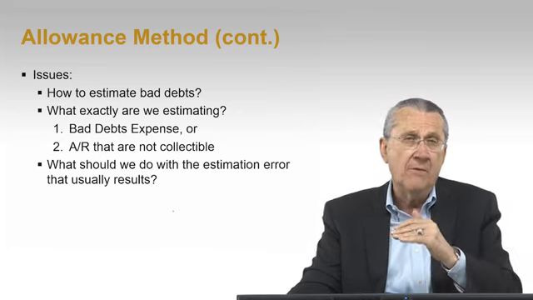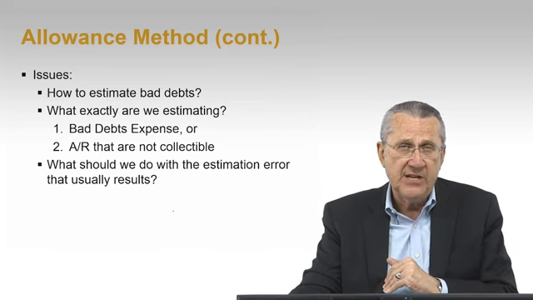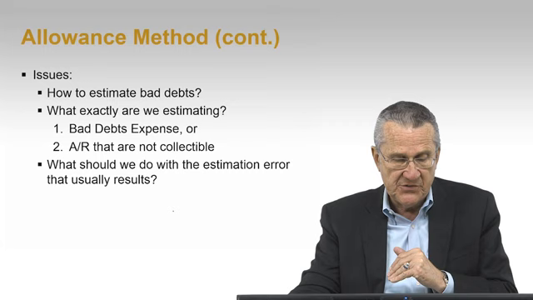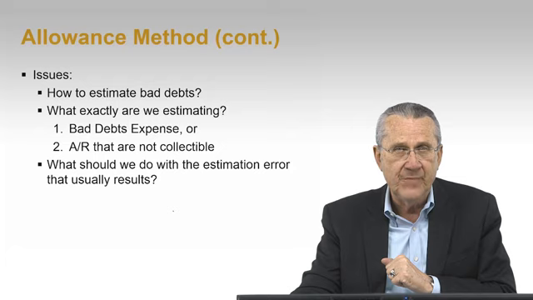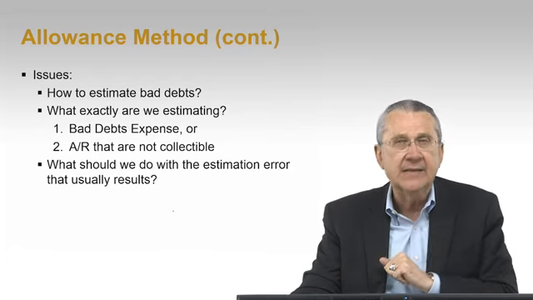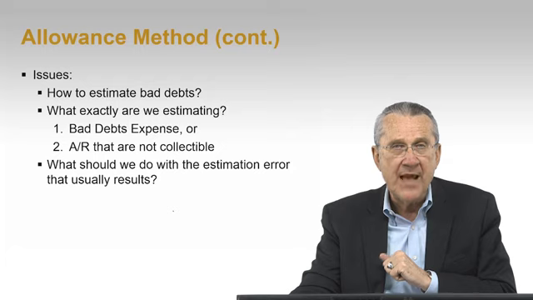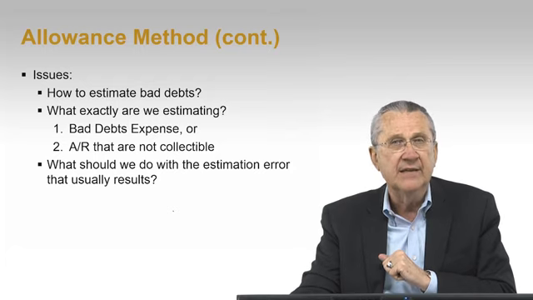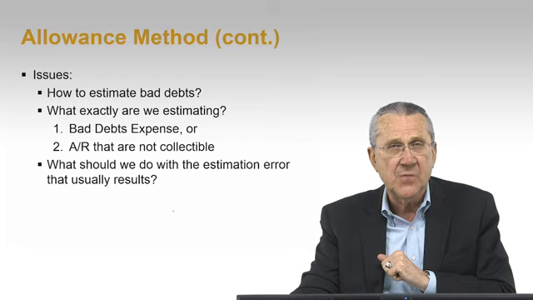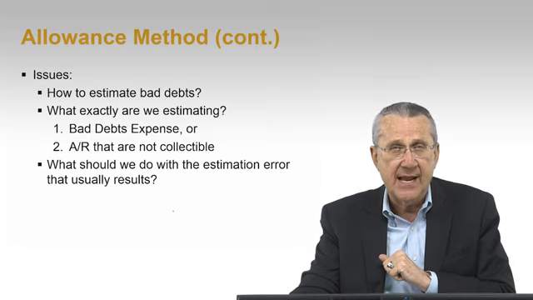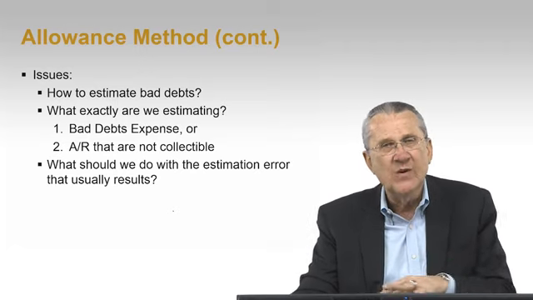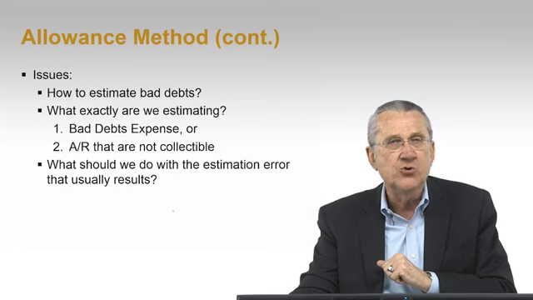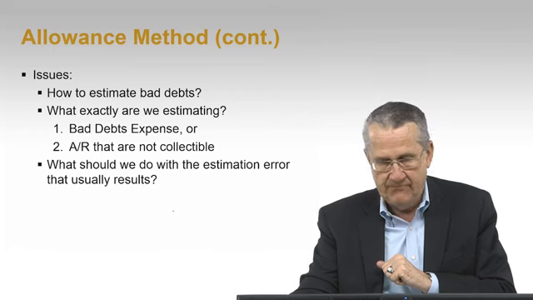Or is it more important for us that we have a good balance sheet? And so is the point of our focus those accounts receivable that are not collectible? It turns out it may make a difference in the way we think about it and the way we calculate the amount of our bad debt expense in addition to the allowance account in the adjusting entry. And then what should we do with the estimation error that usually results?